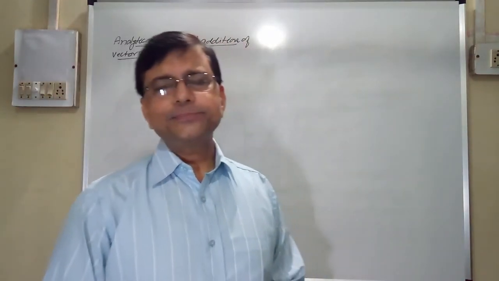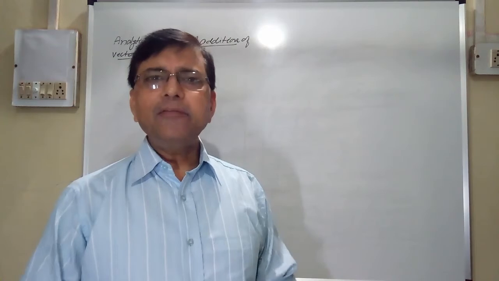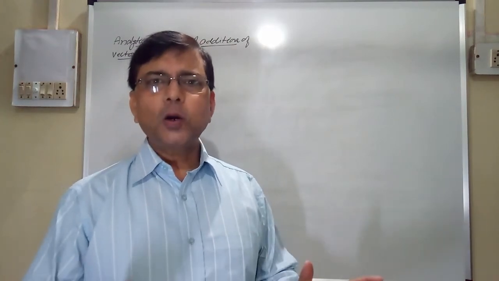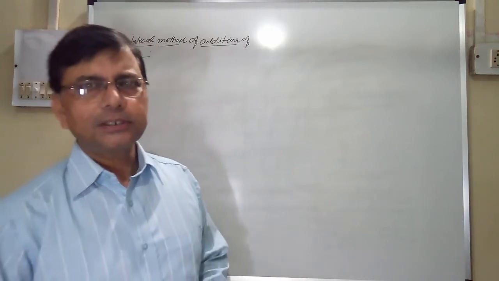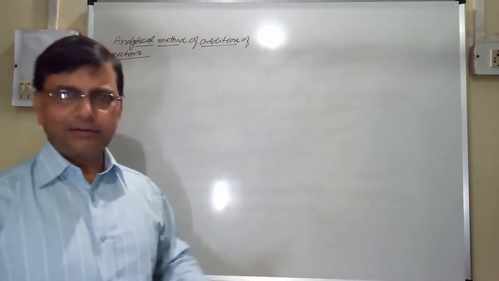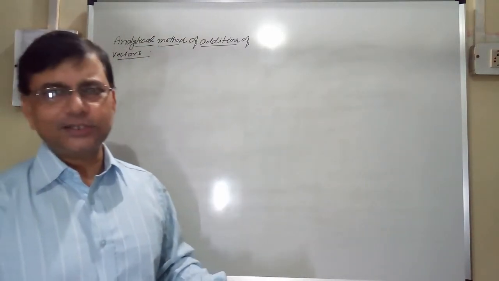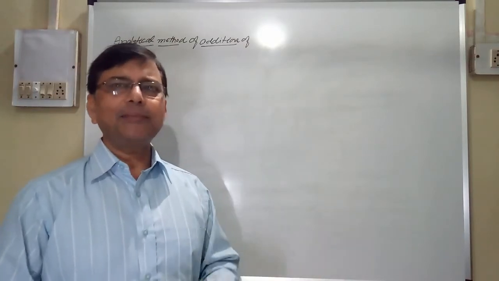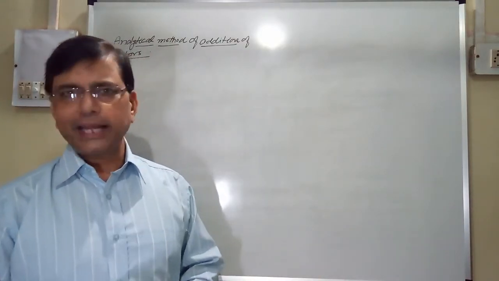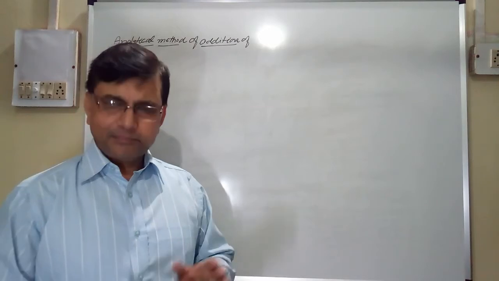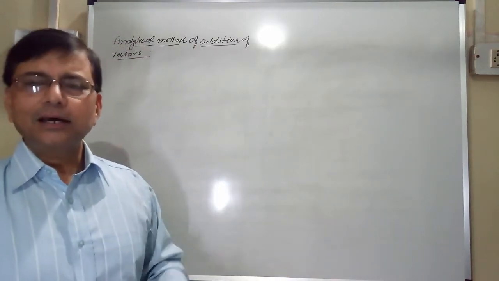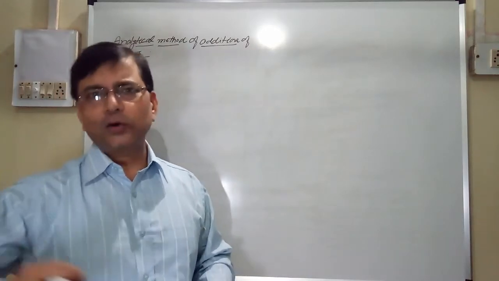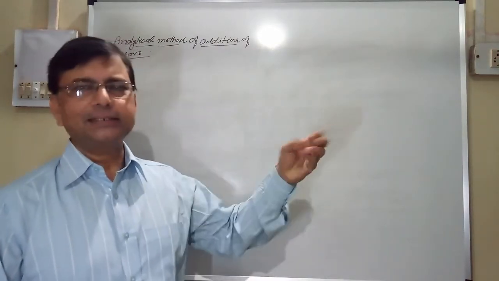We have seen that any vector can be resolved in two perpendicular directions, as we have been seeing in the previous lecture also. That is the rectangular axes, where the unit vectors are given: unit vector along the x-axis is i, along the y-axis is j.